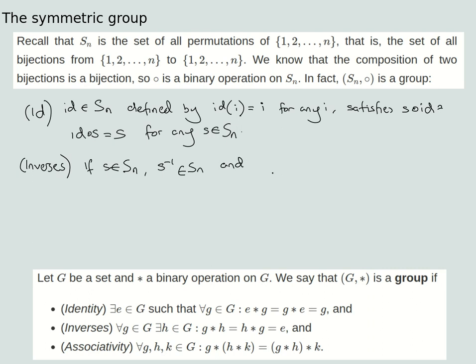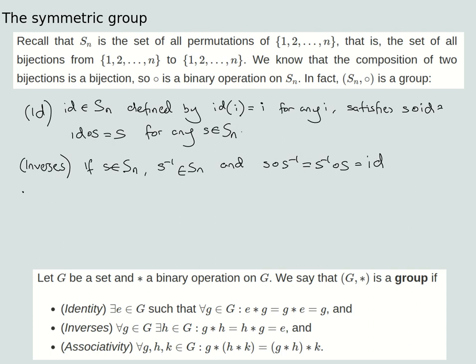And the definition of the inverse function is that when you do S composed with S inverse, or S inverse composed with S, you get the identity function. So that fact tells us that the inverses axiom holds for our set and binary operation.